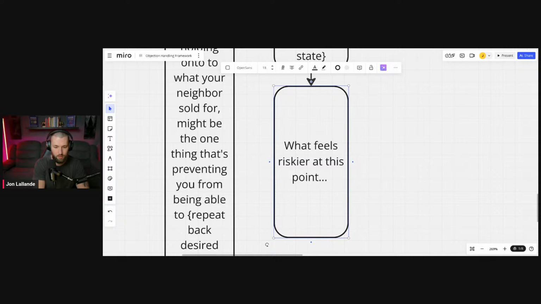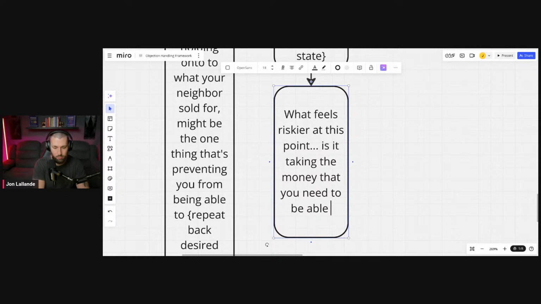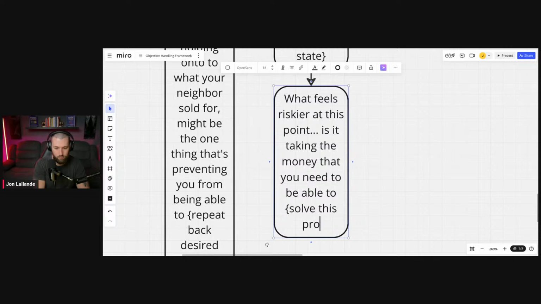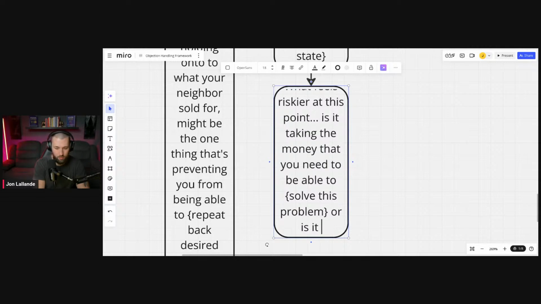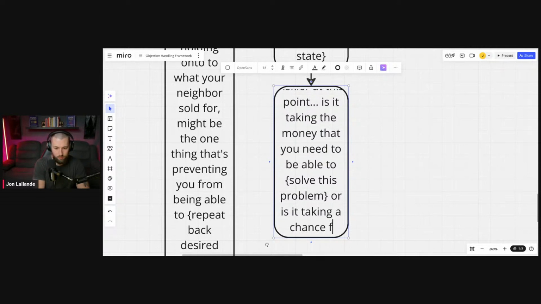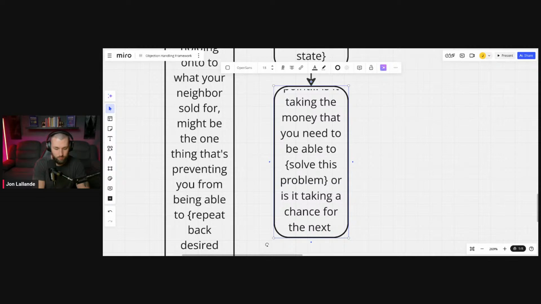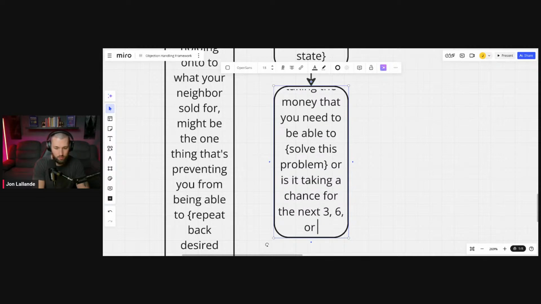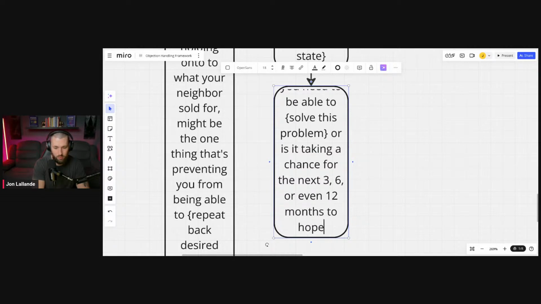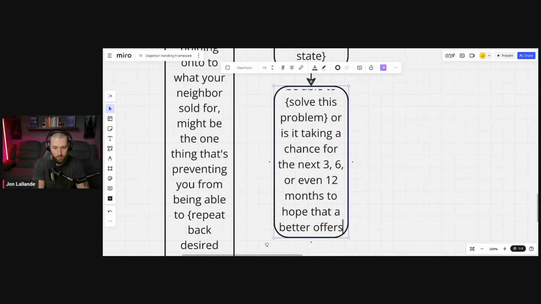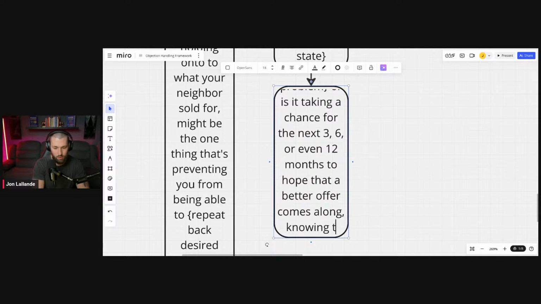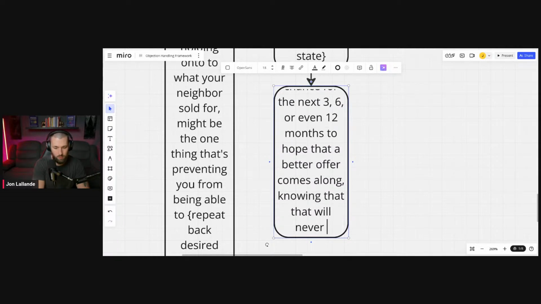This is how we open this. Is it taking the money that you need to be able to solve this problem, or is it taking a chance for the next 3, 6, or even 12 months to hope that a better offer comes along, knowing that that will never be guaranteed?